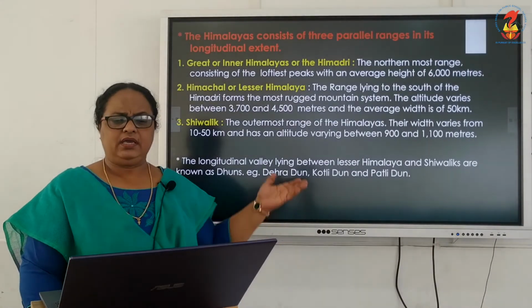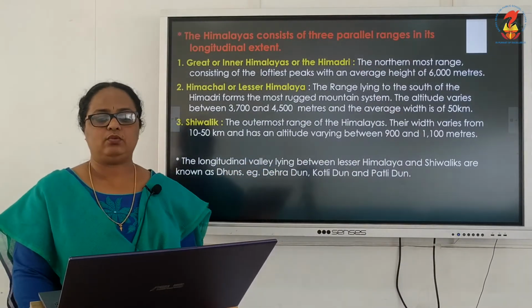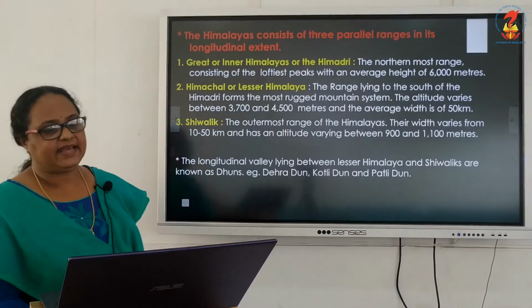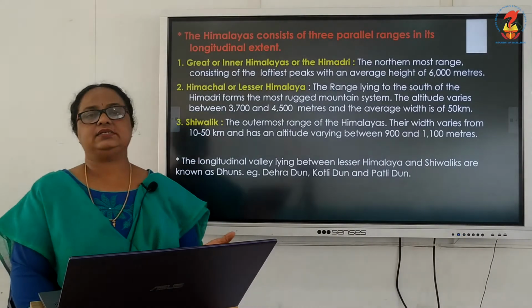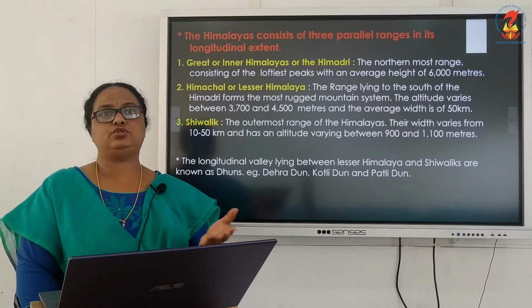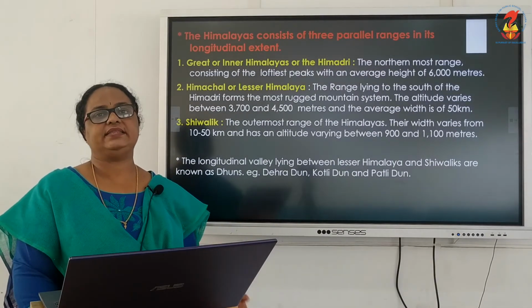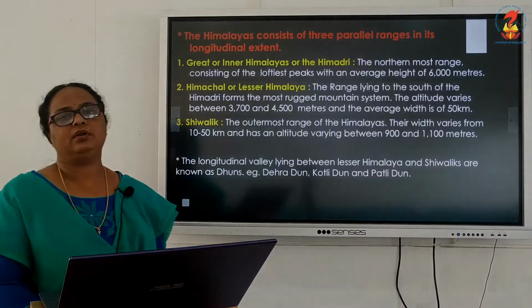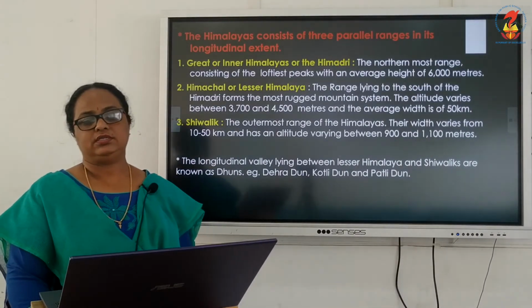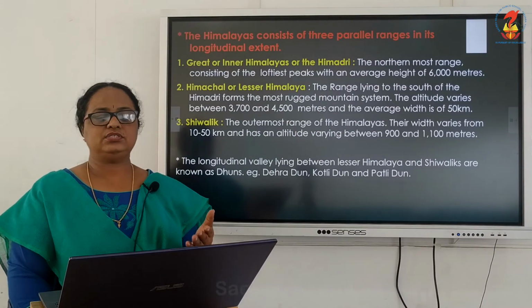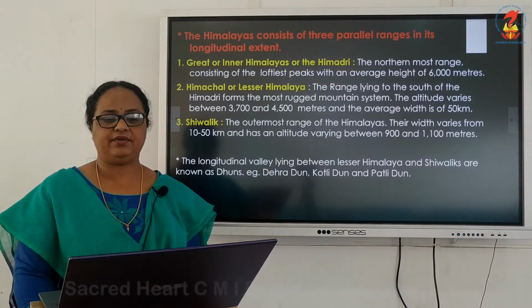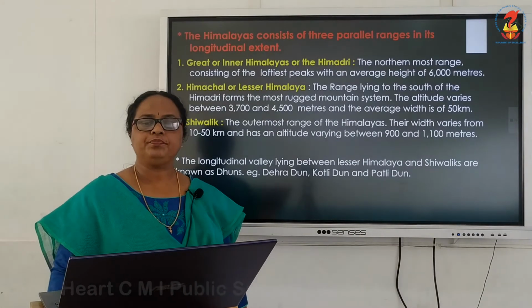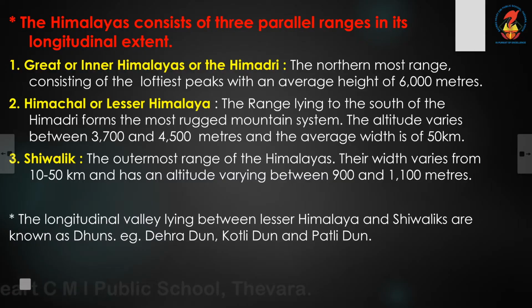In the longitudinal valleys lying between the Lesser Himalayas and Shivalik, we have what are known as duns. Some of the examples are Dehradun, Kotli Dun and Patli Dun. These are some of the important duns in the Himalayan ranges. I repeat, they are Dehradun, Kotli Dun and Patli Dun.